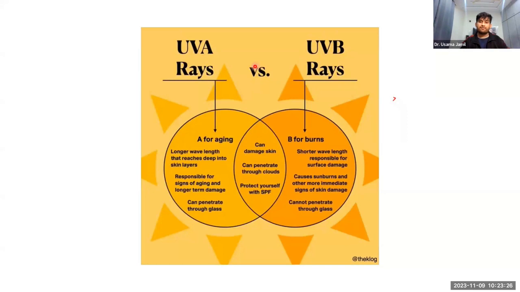But UVA can still pass through it, and if you are staying under sunlight where the UV index is very high, even under a glass dome or in a home which has great sun exposure, UVA rays can still pass through and cause chronic skin damage, premature aging, and wrinkles easily. So these are the main differences to differentiate whether UVA or UVB caused the damage.